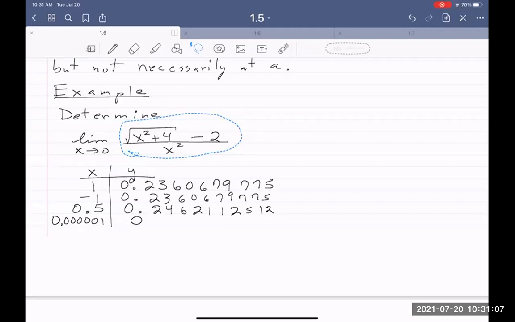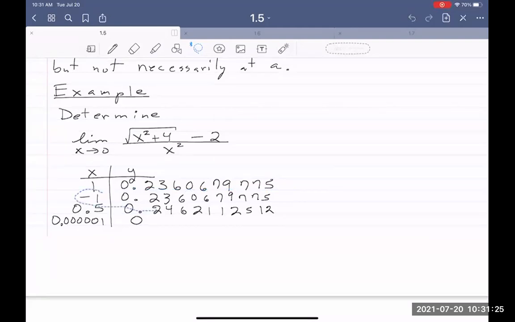Okay, so we can just plug this into a calculator. If I plug in 1, my y value becomes 0.2360797775.